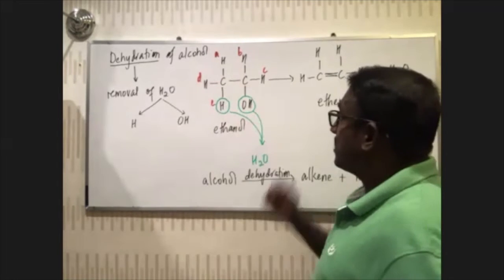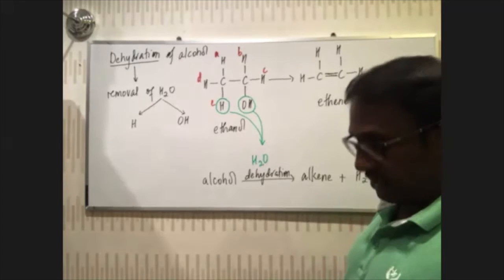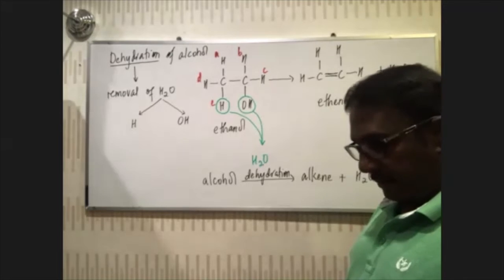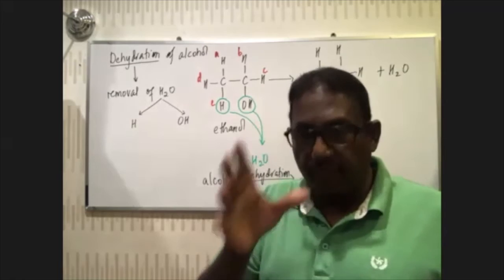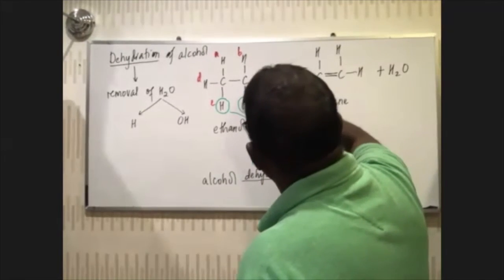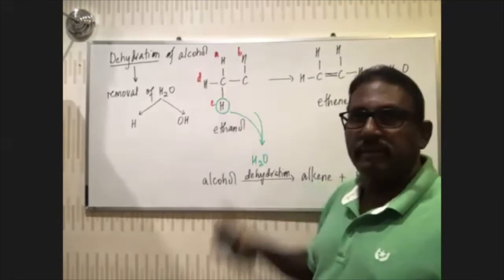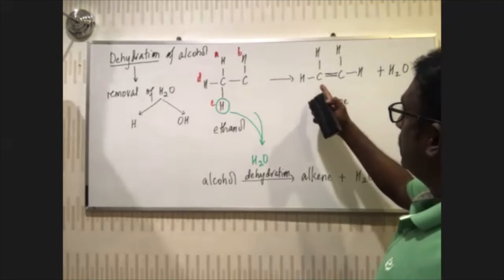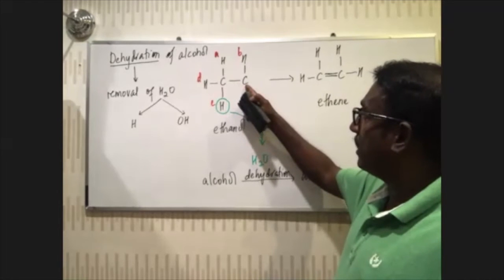So for that purpose, I'm asking you, tell me which are the possible hydrogen atoms. No need to memorize. Let's say these two come out. If these two come out, how is this carbon going to stabilize itself? That's why I explained to you, this carbon and this carbon must stabilize themselves by forming 4 covalent bonds.